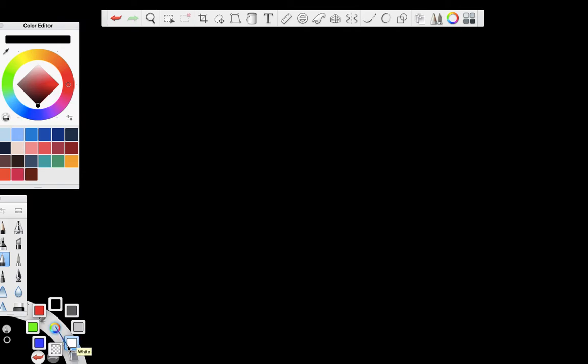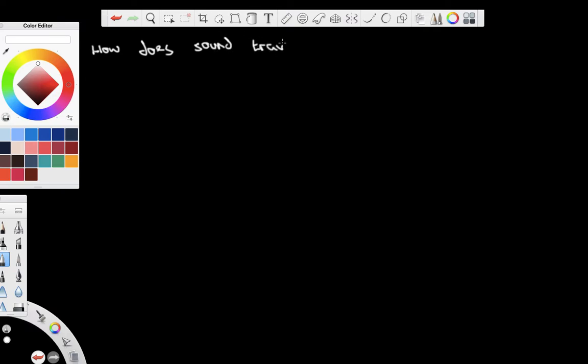If I bring up my white pen again, and we can pose the question, how does sound travel in different mediums? So how does sound travel in different mediums? And we can underline that, we can make that a sort of subheading.